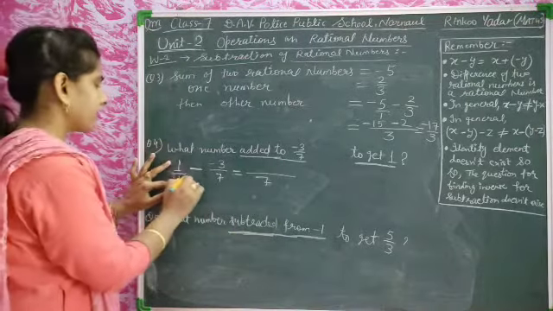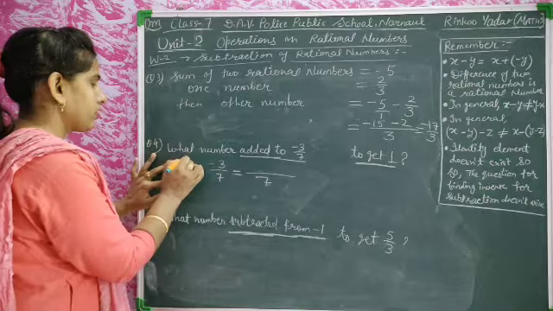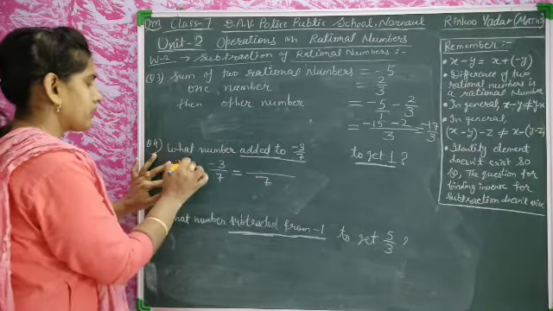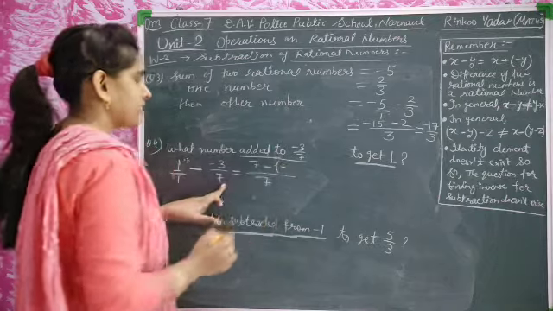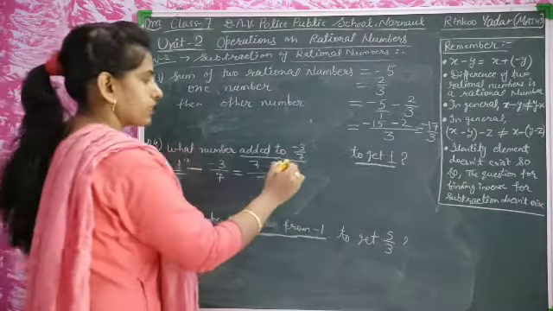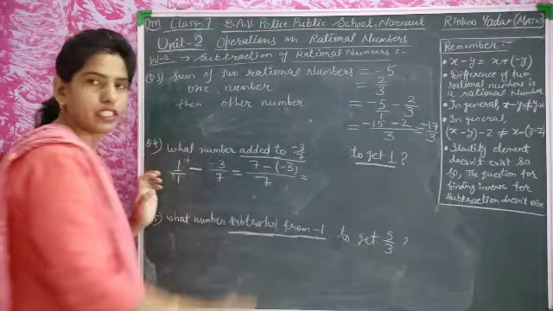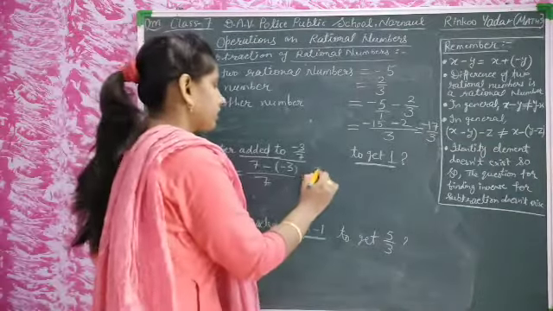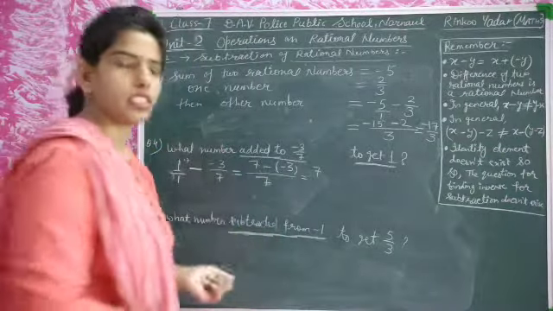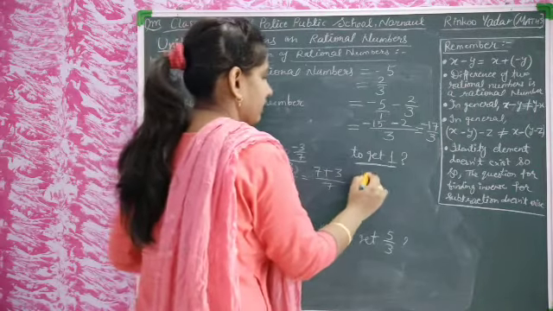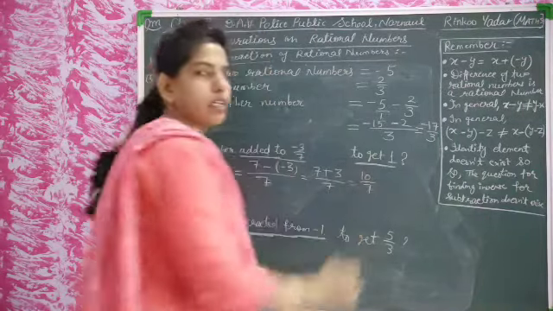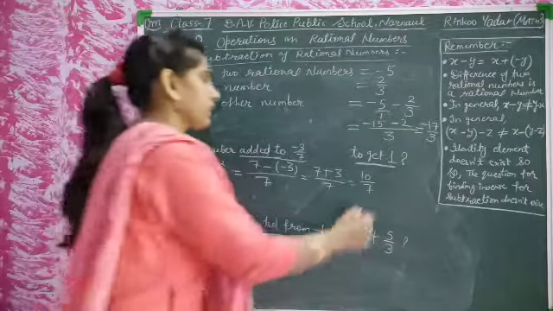We will multiply to make the LCM 7, so it is also multiplied by 7. 7 ones are 7 and minus 7 7 same. So the numerator is 7, and minus multiplied by minus becomes plus 3, divided by 7, and that equals 10 divided by 7, and this will be the answer here.